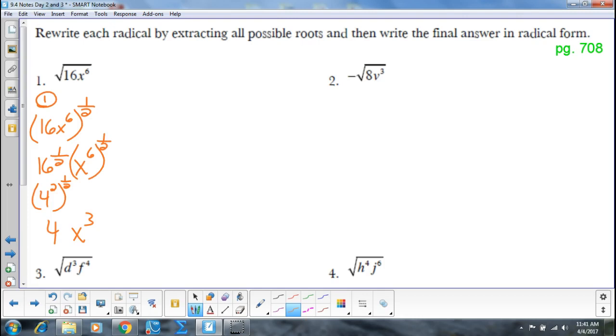The method that I prefer is saying, well, this is the square root of 16 times the square root of x to the 6th. What's the square root of 16? 4.